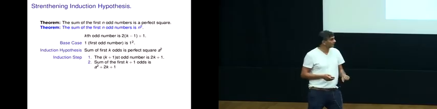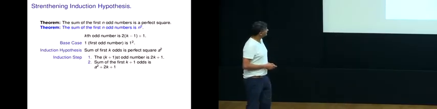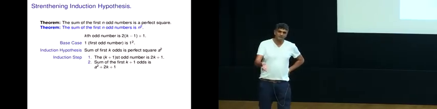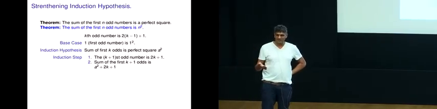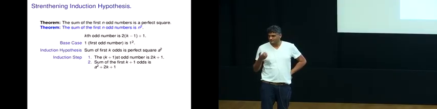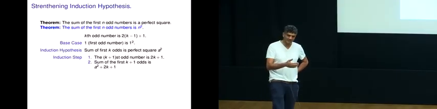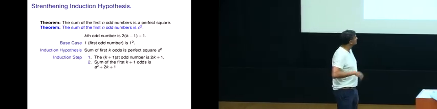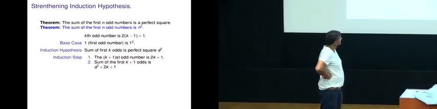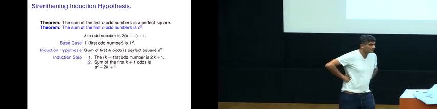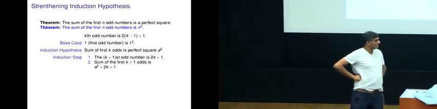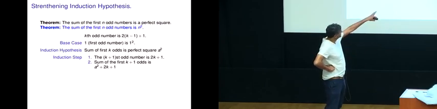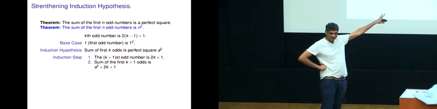On the one hand, it seems like you're proving something harder, but what's good about that? What's good about having something harder to prove? In some sense, it's doing what some of you already noticed: if the a and the k are the same, you're good.